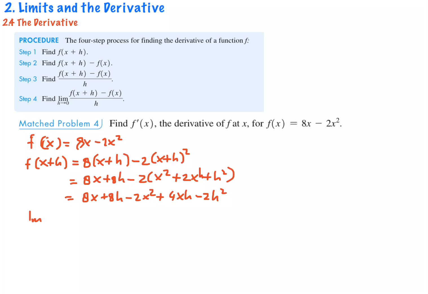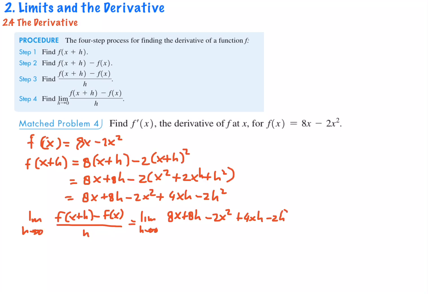Okay, now let's do the fourth step, step 4. Let's come to the limit of h approaching 0 for f of x plus h minus f of x divided by h. Then we'll have the limit of h approaching 0, and then 8x plus 8h minus 2x squared minus 4xh minus 2h squared.